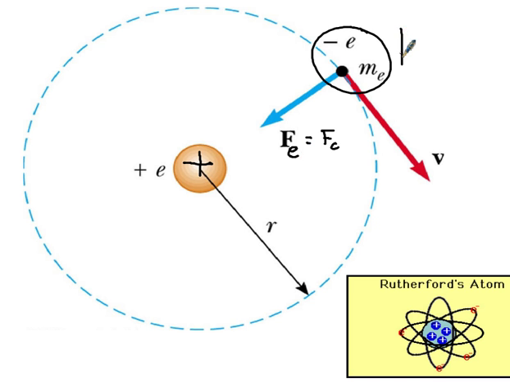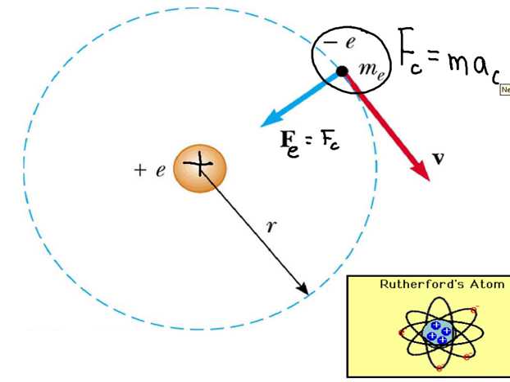Now if we think about centripetal force, that centripetal force is mass times our acceleration. In this situation, we have a centripetal acceleration causing that electron to orbit around that positive nucleus. Now this caused a problem. If the electrons were anywhere, they would eventually spiral in and crash.